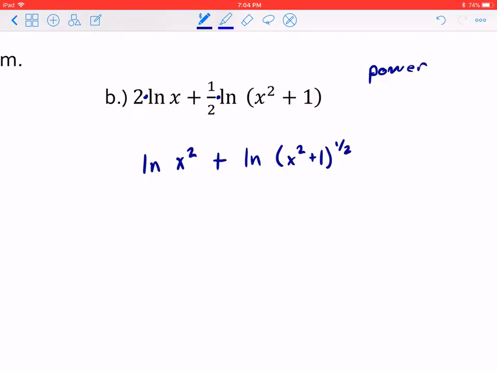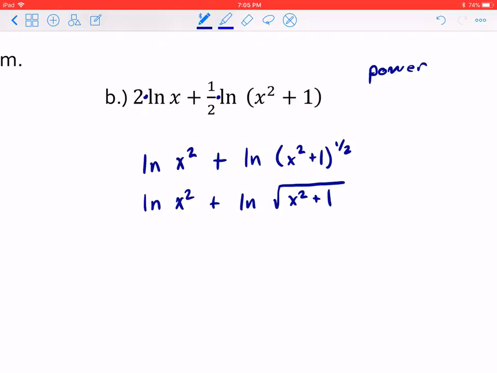You may want to just, as you're getting used to this, convert this back to its radical expression. So before I apply the product rule, because of the addition, I'm going to just go ahead and rewrite this as ln of, instead of the parentheses, the square root of x squared plus 1. And really, you don't need the parentheses here, just because the square root is acting as the special type of parentheses that's implying an order of operations.